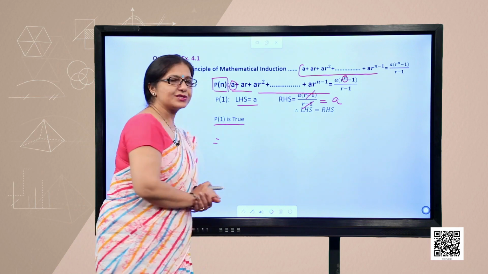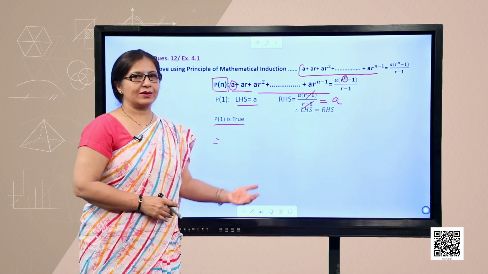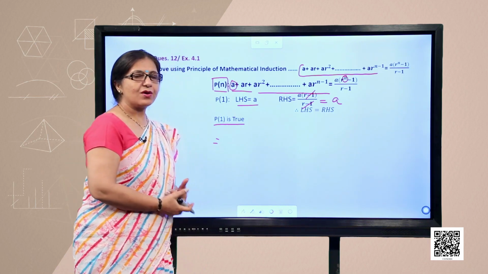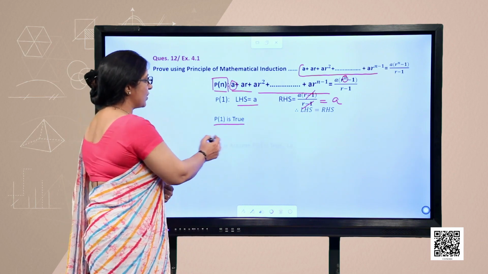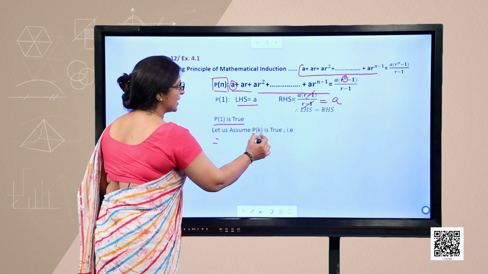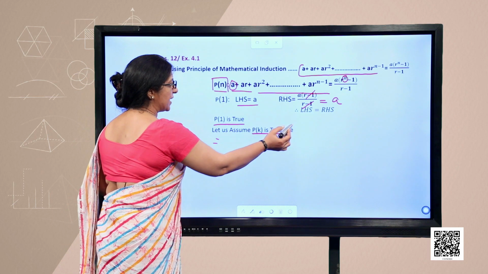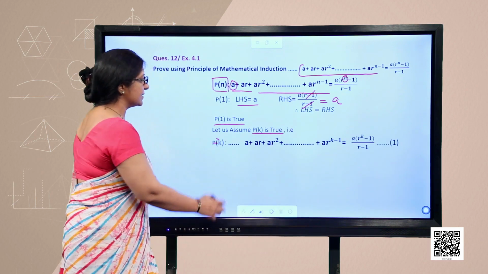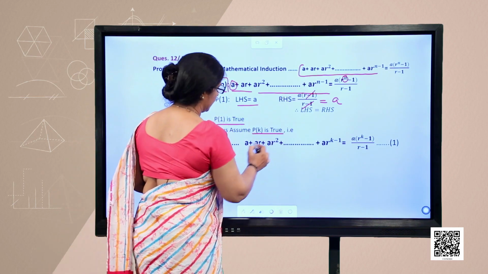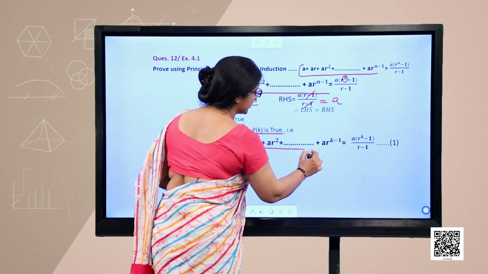Once P1 is true, now the door is open for the next step. We have to assume that Pk is true. And what is Pk? Here Pk is the same statement with a little change.